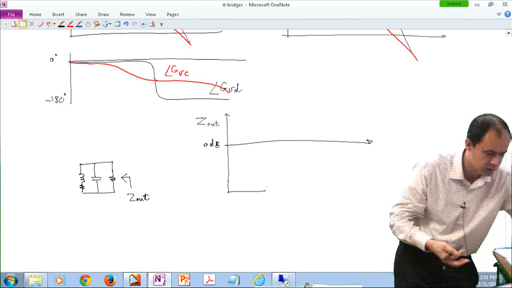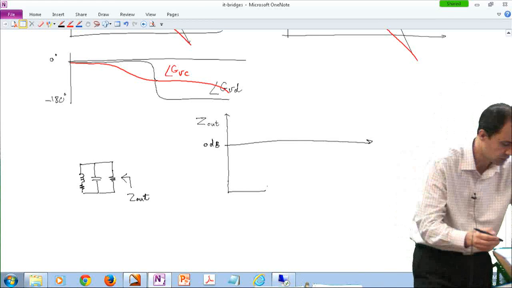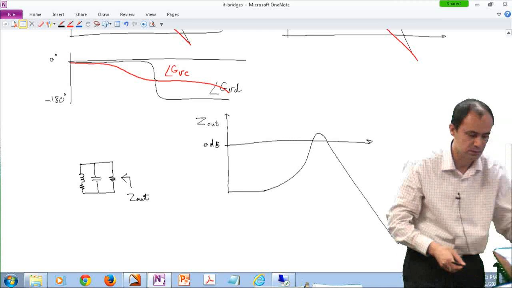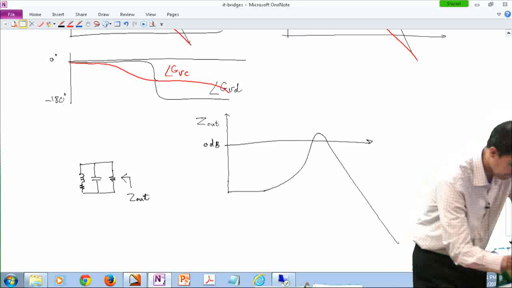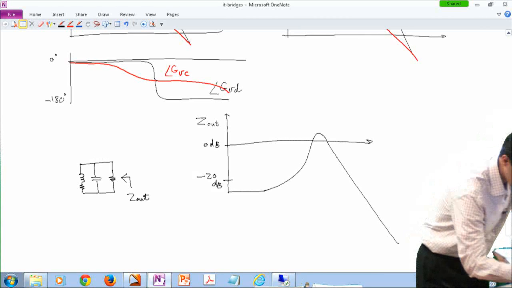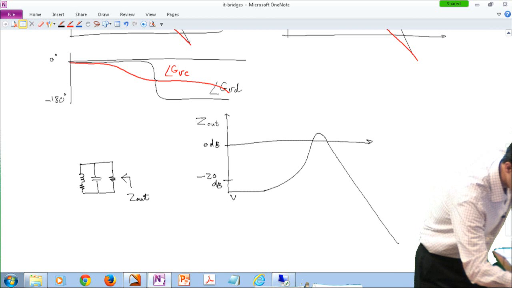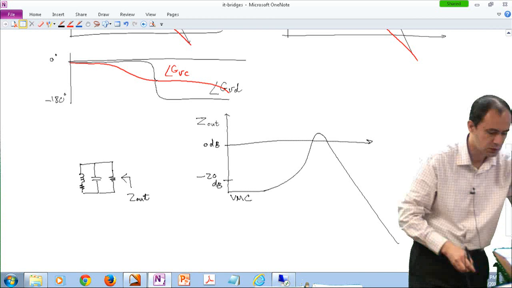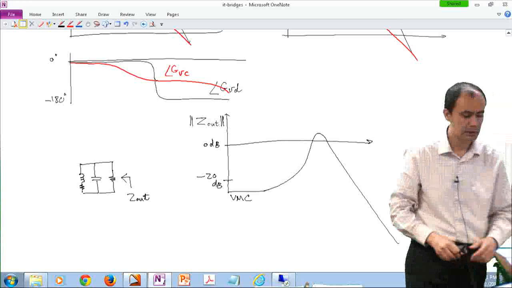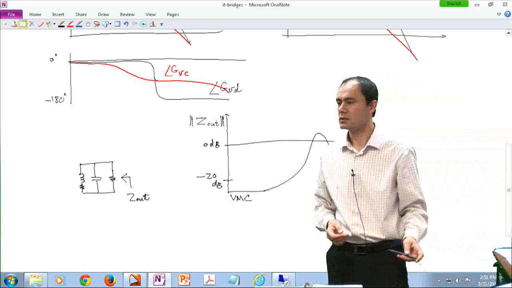Then we have an LC tank, so the inductor kicks in, then the capacitor kicks in, and it becomes something like this. So voltage mode control does a good job of having a low output impedance at lower frequencies.